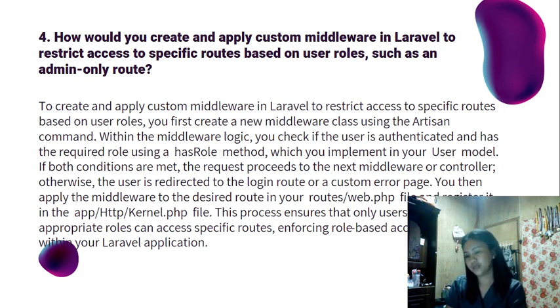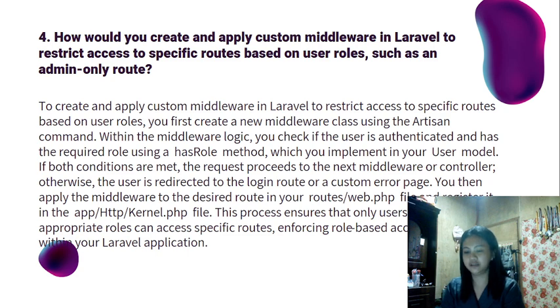Within the middleware logic, you check if the user is authenticated and has the required role using a hasRole method, which you implement in your user model. If both conditions are met, the request proceeds to the next middleware or controller. Otherwise, the user is redirected to the login route or a custom error page.